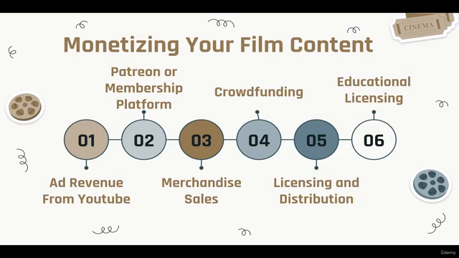If you're asking me, hey, which one is your favorite? Well, I'm going to pick the first one, ad revenue from YouTube, because YouTube is a big marketplace, guys. There are hundreds of millions of people there, and when you upload your content there, you're going to get a lot of attention from millions of people.